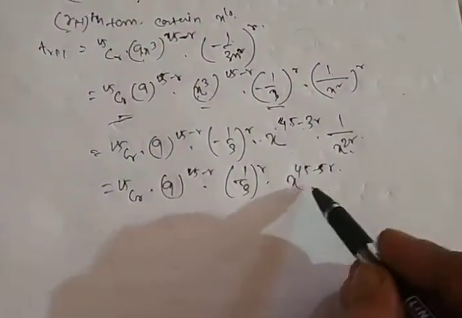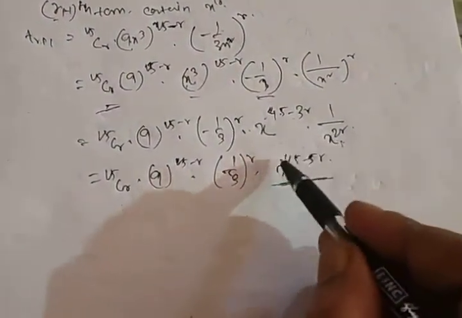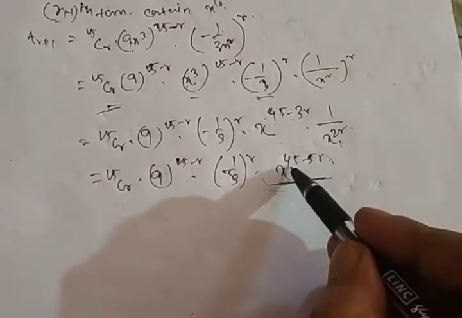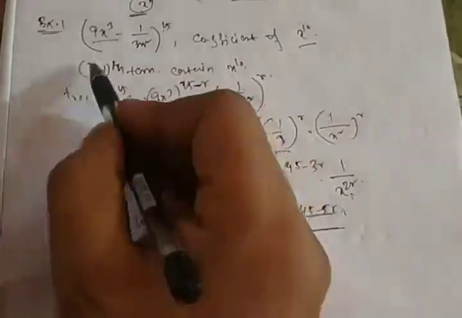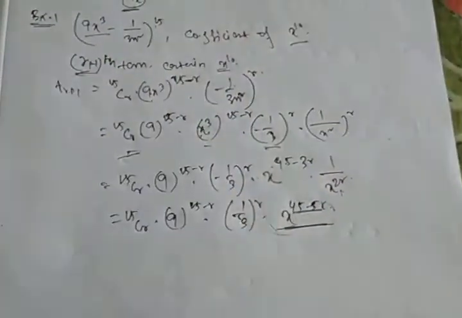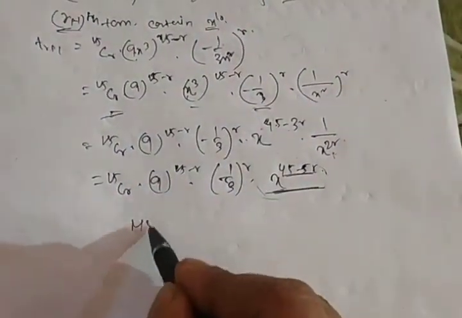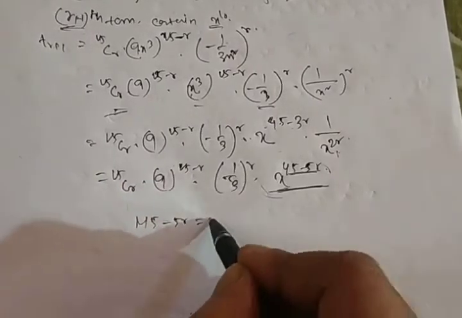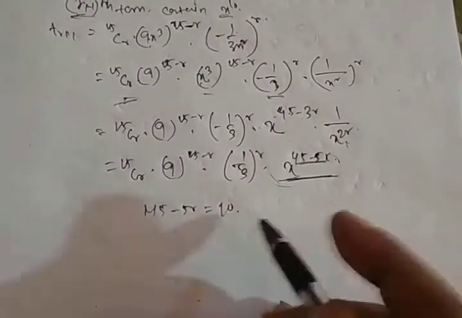Right? Now here there is only one x and whose power is 45 minus 5r, but we have assumed that the r plus 1th term contains x to the power 10. So by assumption 45 minus 5r will be 10. Right?